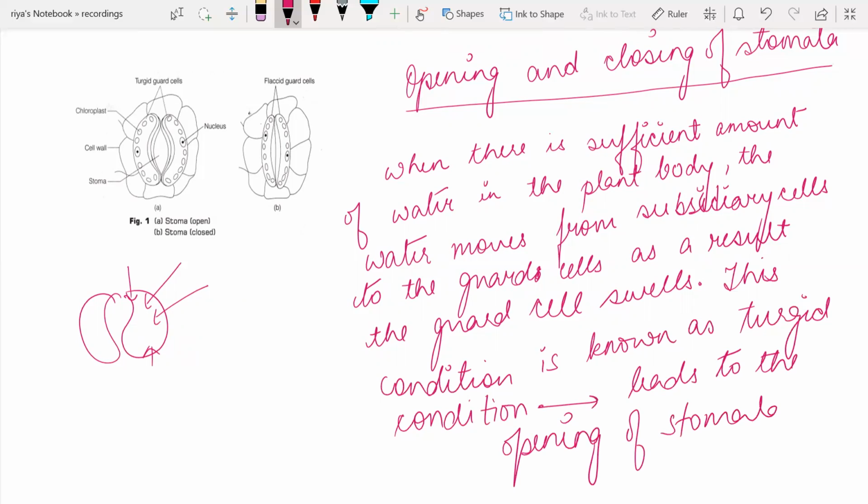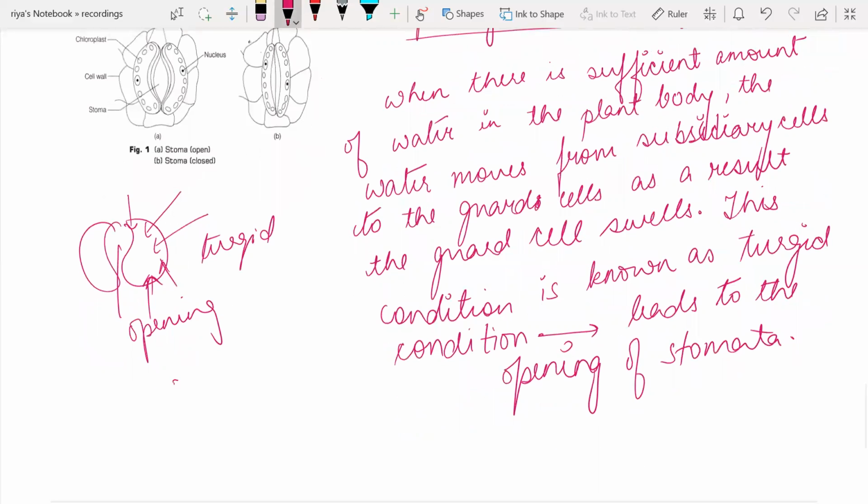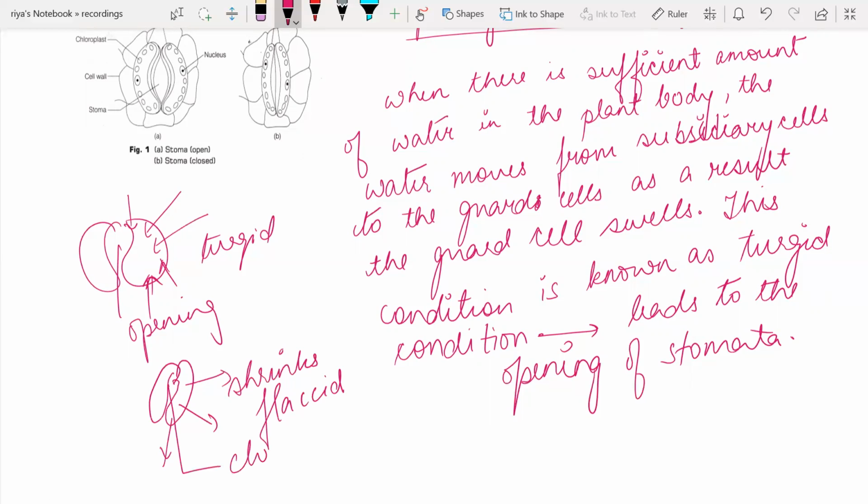So always keep in mind, when water enters the guard cell, it becomes turgid, and this results in opening of stomata. And the reverse, when water moves out from the guard cell, the guard cell shrinks, and this condition is also known as flaccid condition. And this results in closing of stomata.